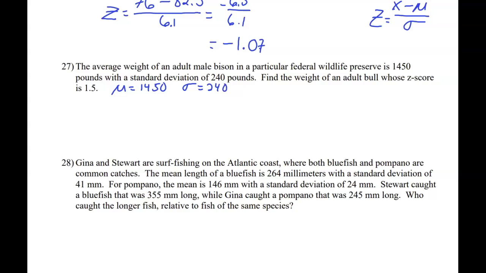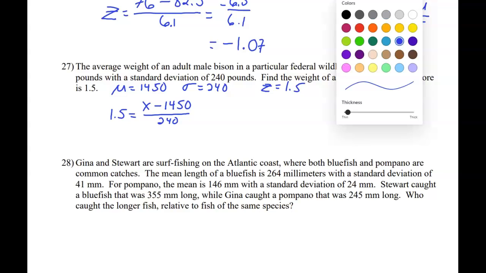Find the weight of an adult bull whose z-score is 1.5. So in this case, we have the z, 1.5. We do not know their weight, but we have everything else. We have the mean, and we have the standard deviation. So this time, we're going to use a little bit of algebra to find their weight.